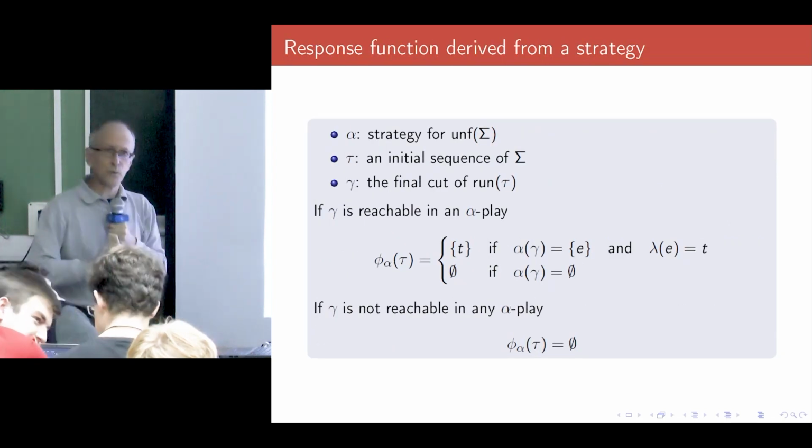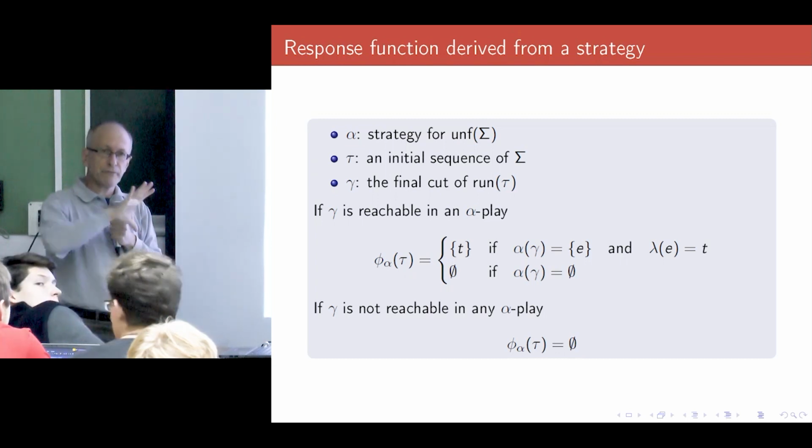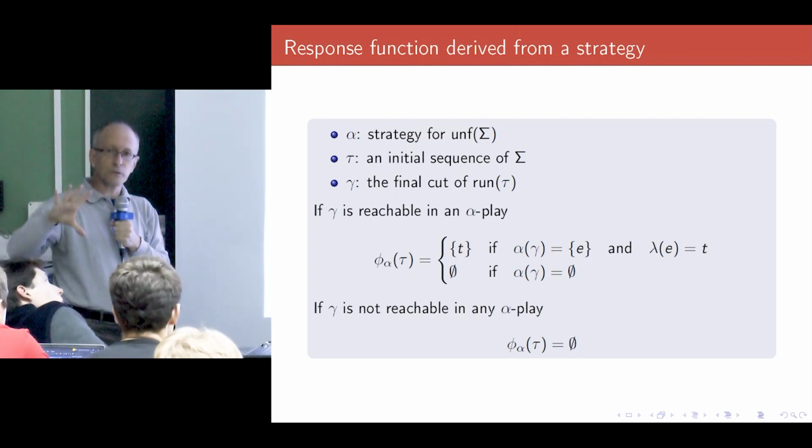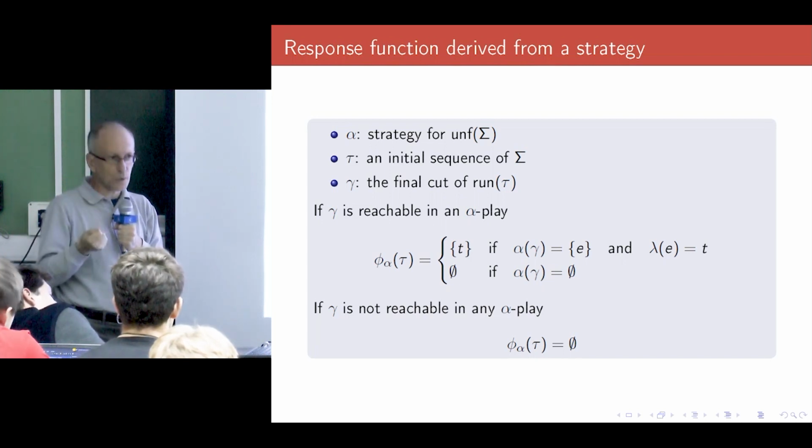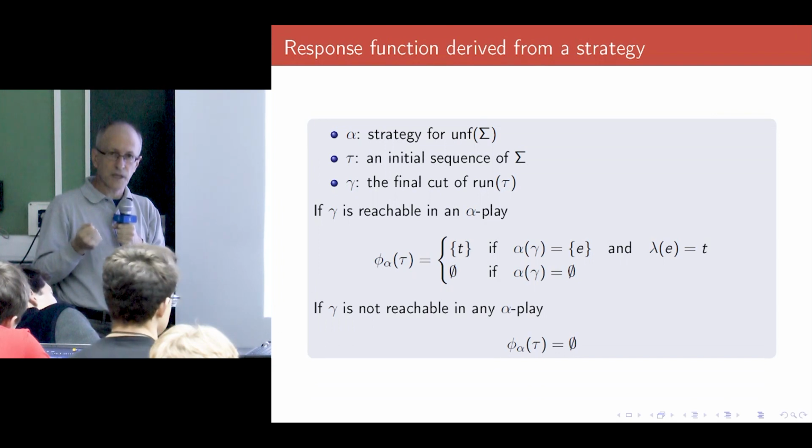And on the other hand, we can do the reverse. If we have found a strategy on the unfolding, then we can derive a response function which is equivalent to this strategy.